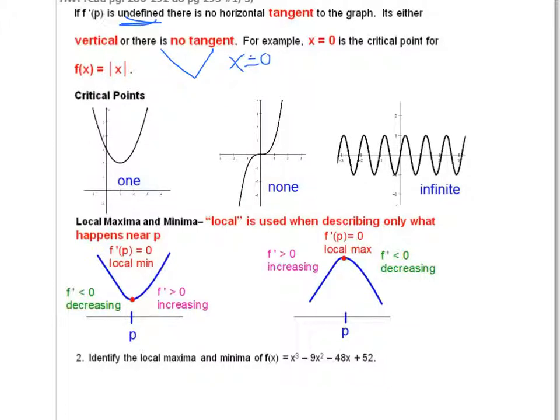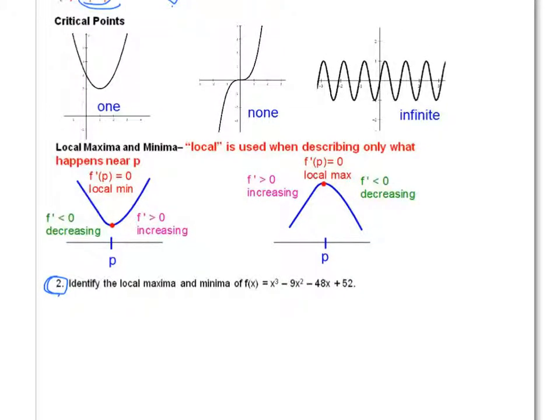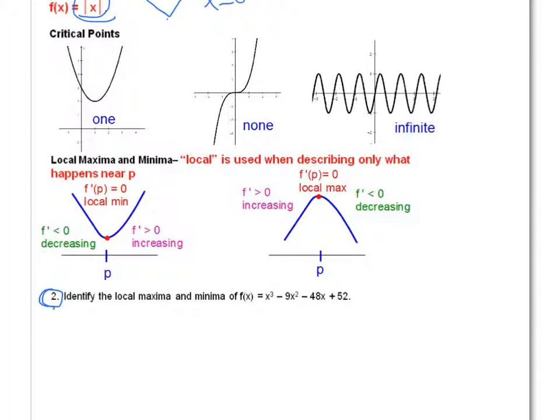So the first derivative test that we're going to do when we get down here to problem number 2 won't work if it's a problem like the absolute value of x where you have a sharp point. Most of the problems we're going to do are going to be polynomials so that we have nice curves. Remember I said yesterday, critical points are either maxes or mins.